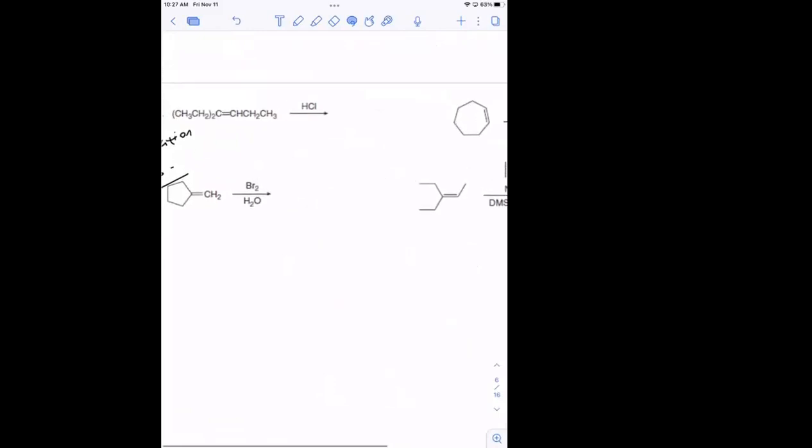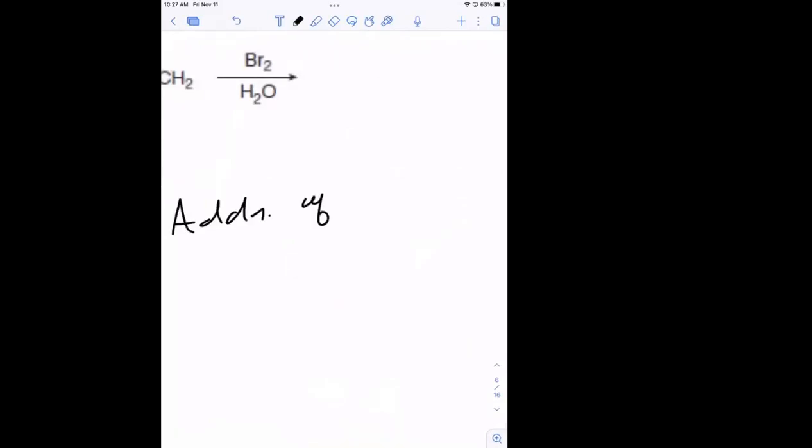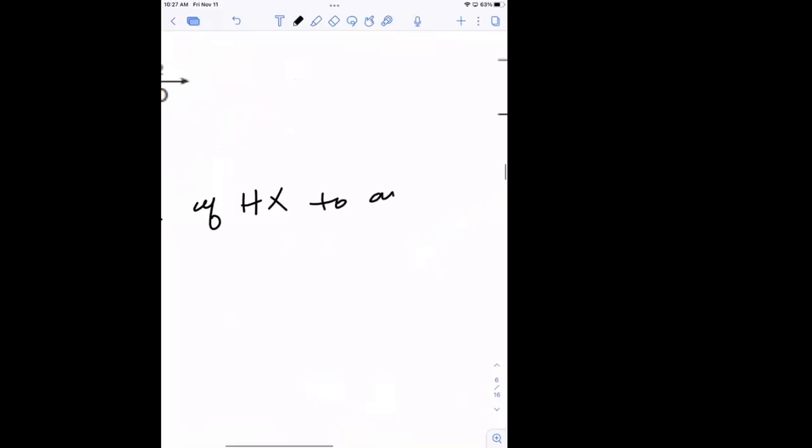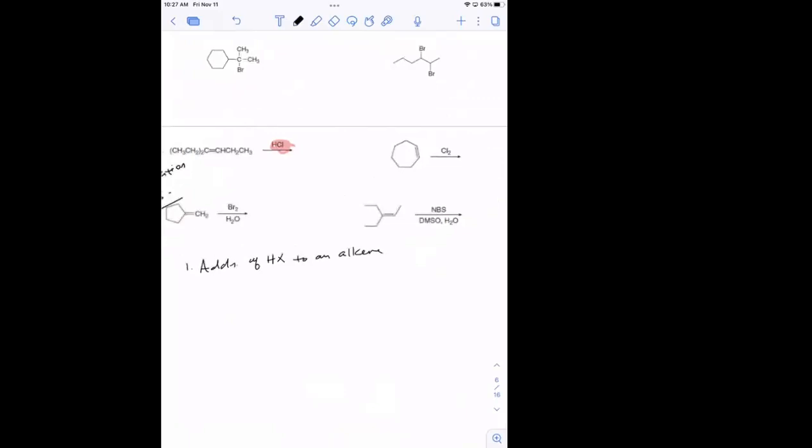All right, this particular reaction is the addition of HX to an alkene. The X is a halogen, so it can be HCl, HBr, HI.